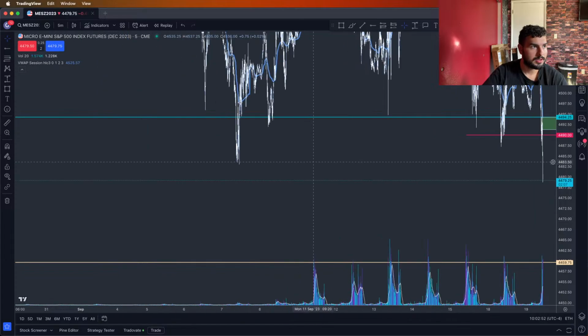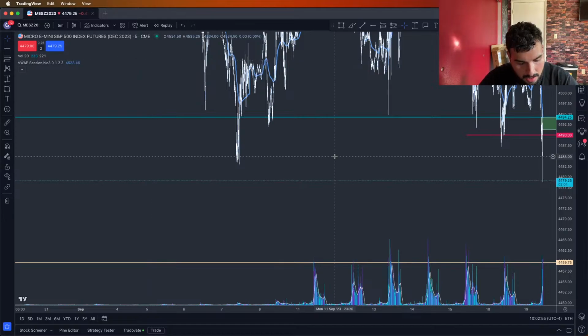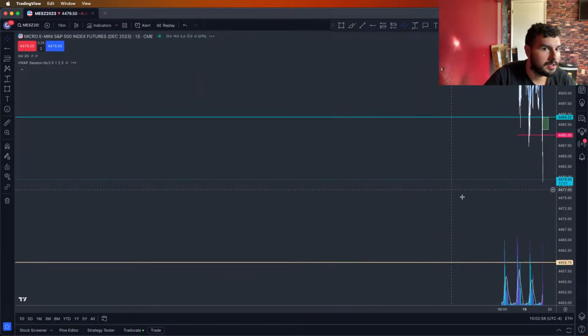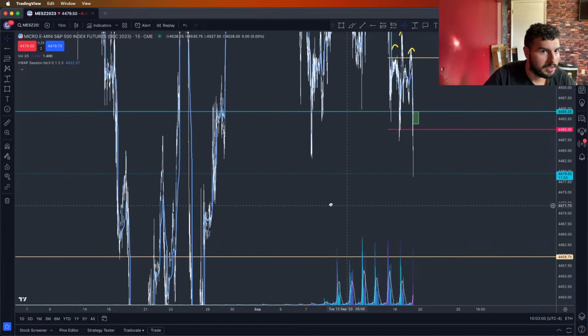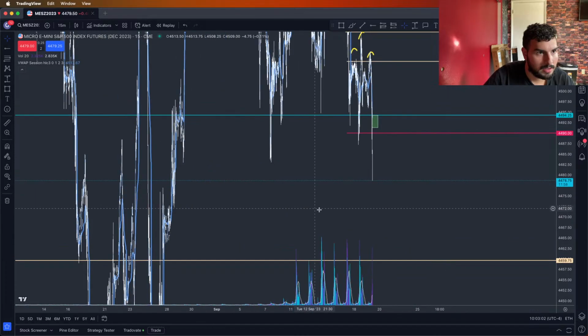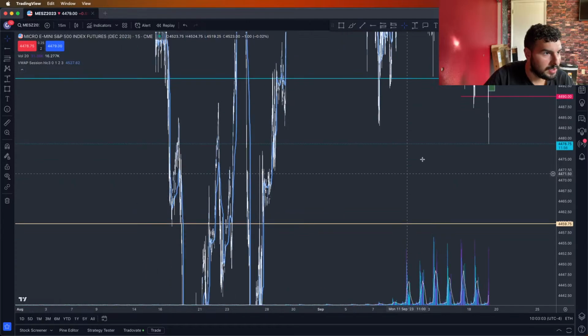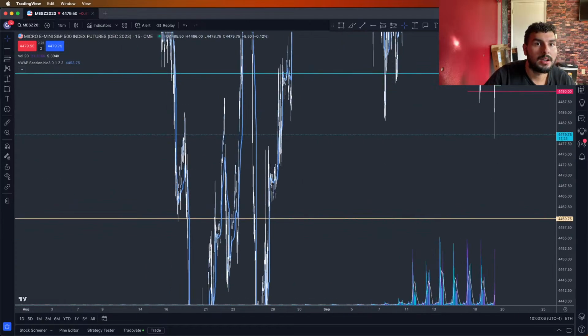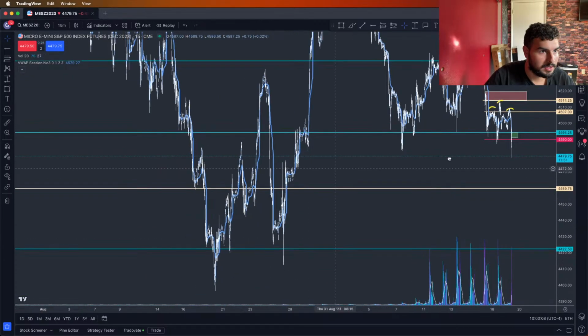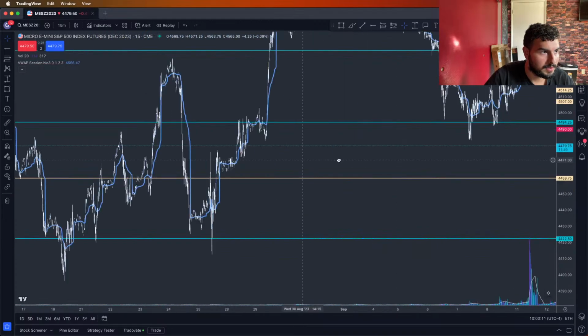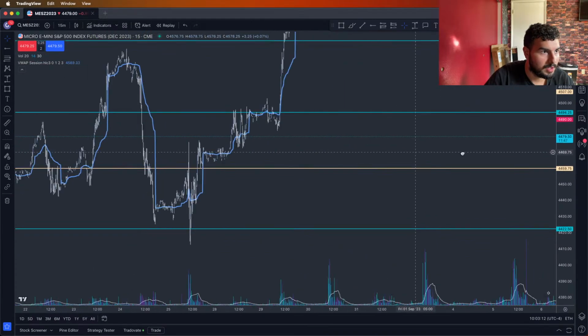I don't see much. Let me go to the bigger time frame. 15 minutes. See, where's the next area of support here? Can't even see this. This is all from the September contracts too.